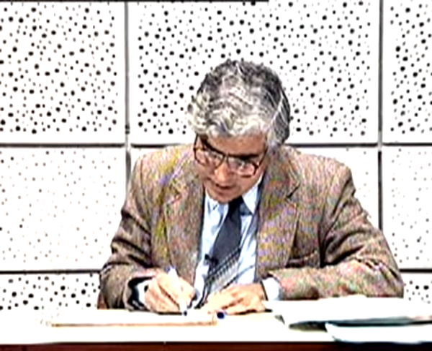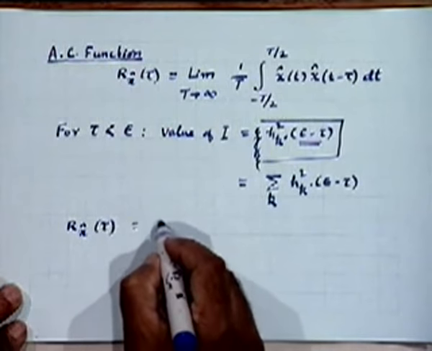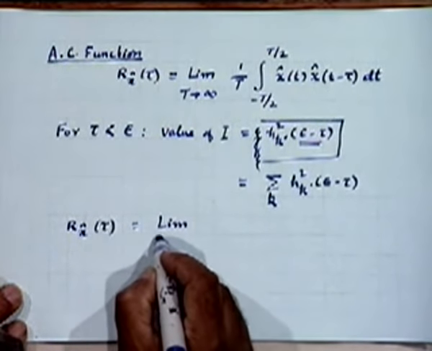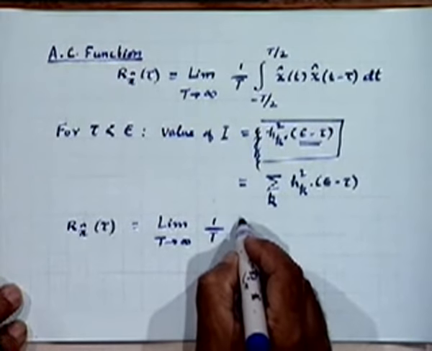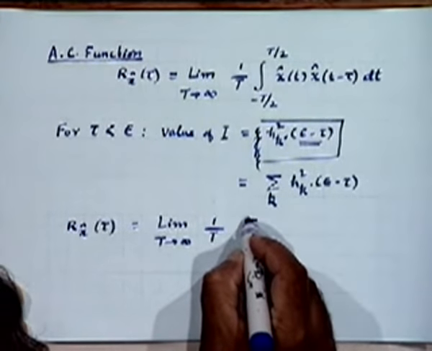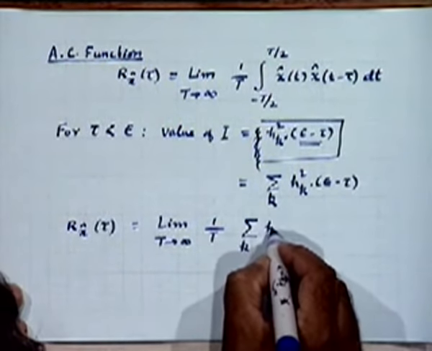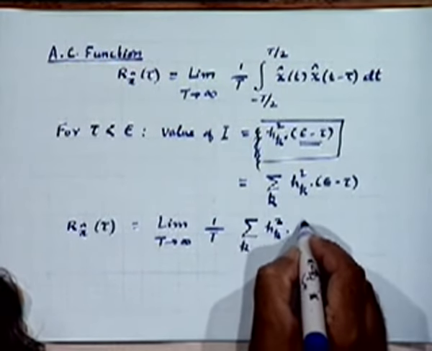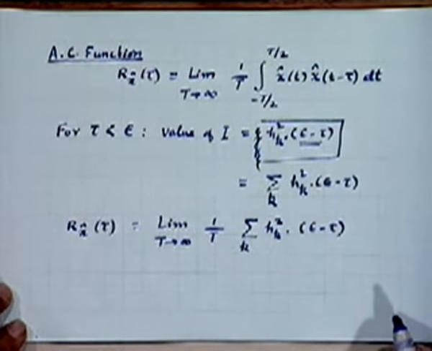So we can therefore write r x hat tau equal to limit as T tends to infinity of 1 by T. I can replace this integral now with this summation, right? Is it fine?